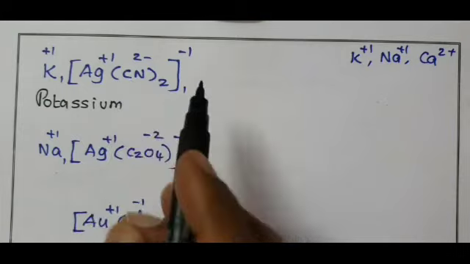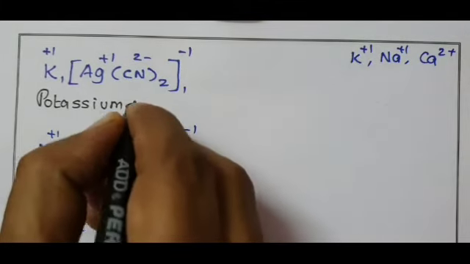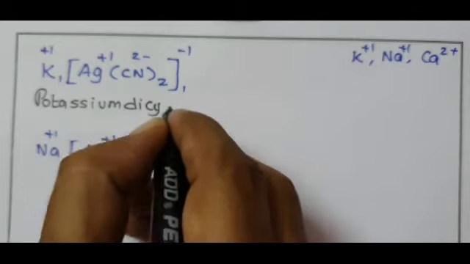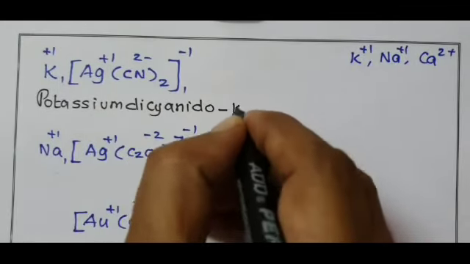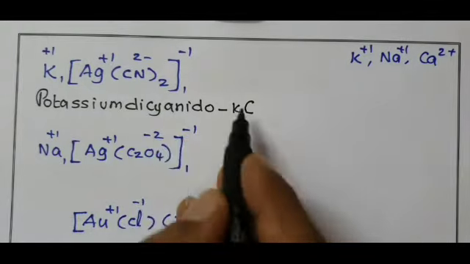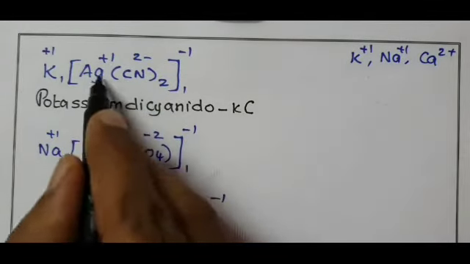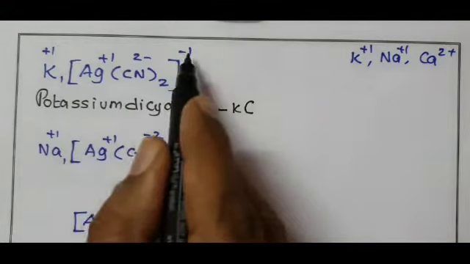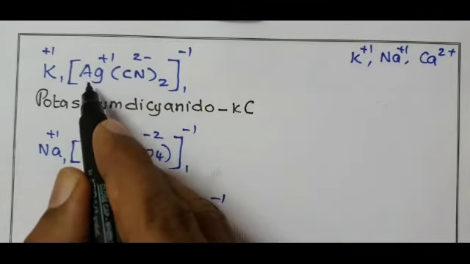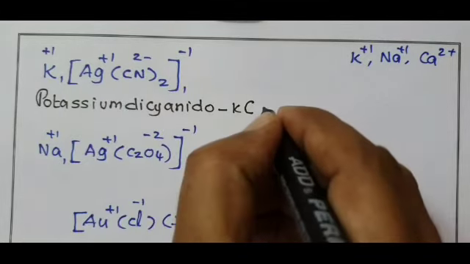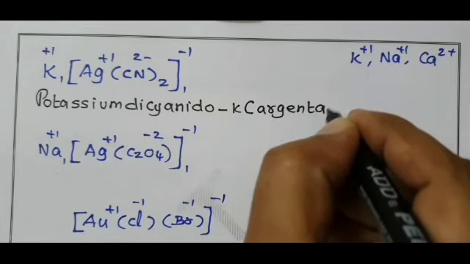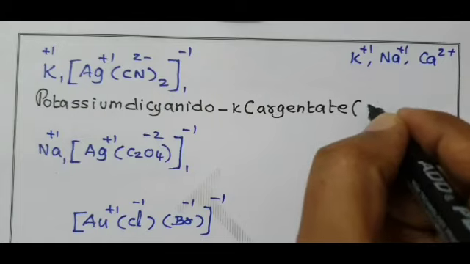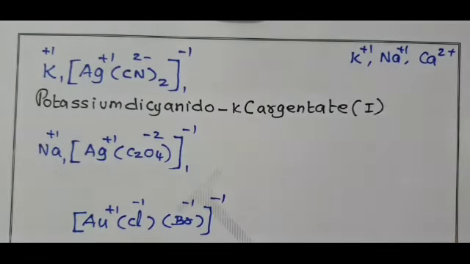How many ligands? 2. Therefore, dicyanido kappa C. The C indicates carbon is the donor atom. It is an anionic complex, therefore actual name of Ag is argentum, so argentate. What is the oxidation state? 1. Argentate 1.